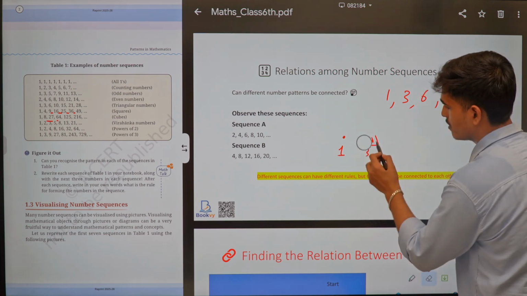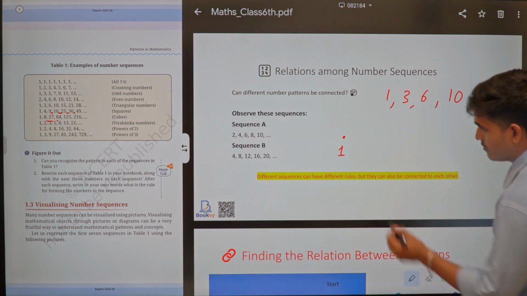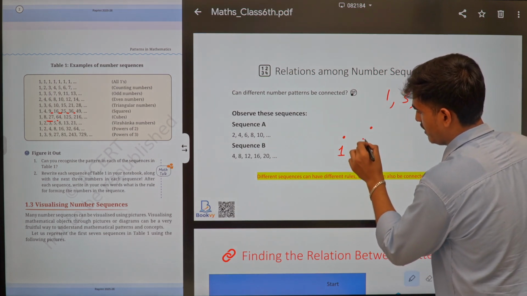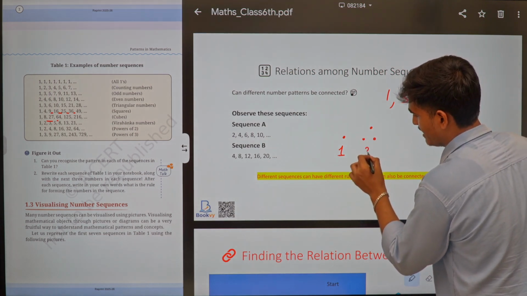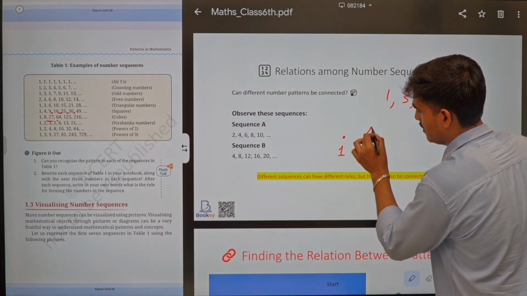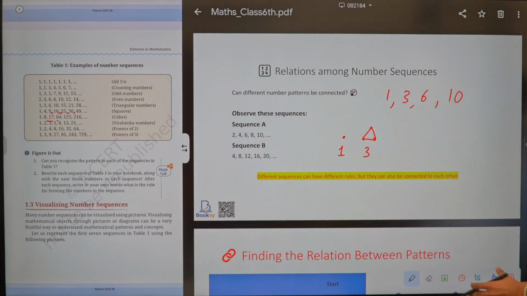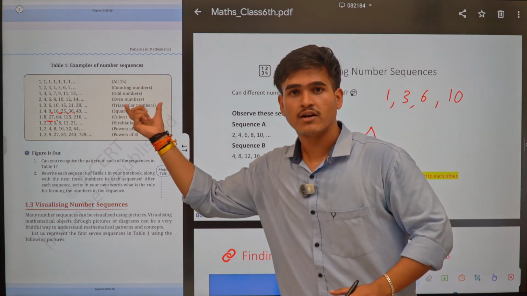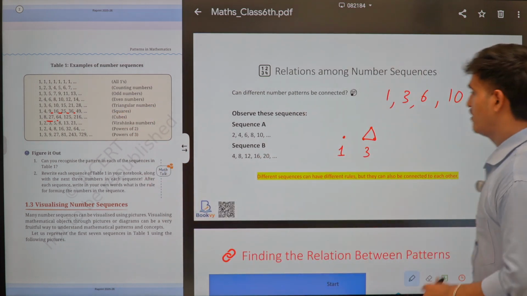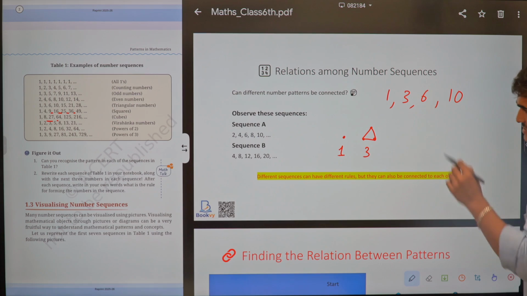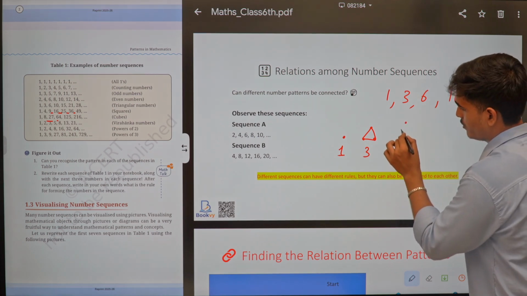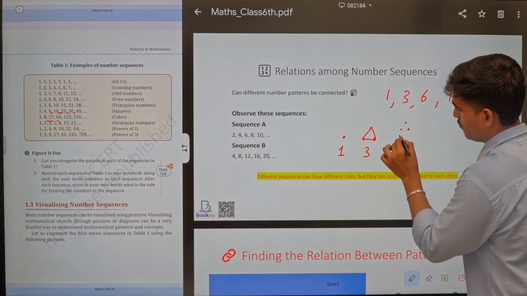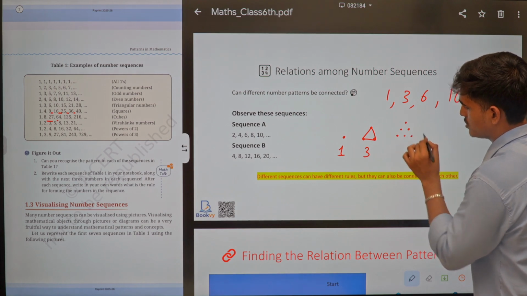If you join these 3, you will get a triangle. And what is this called? A triangular number, right? See, now we'll go for the next number, 6. So 1, 2, 3, 4, 5, 6.